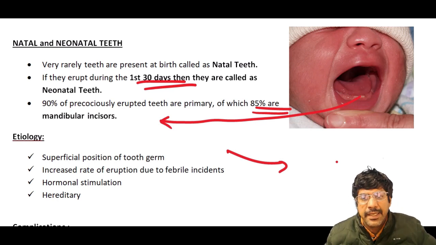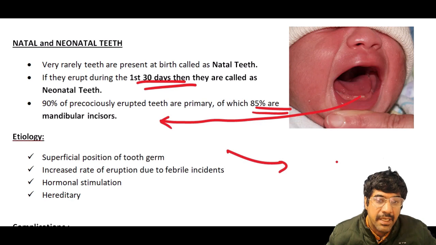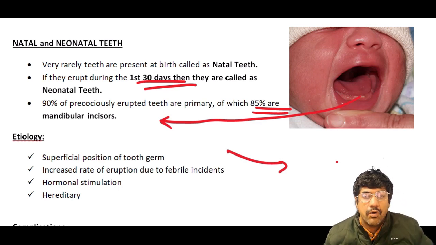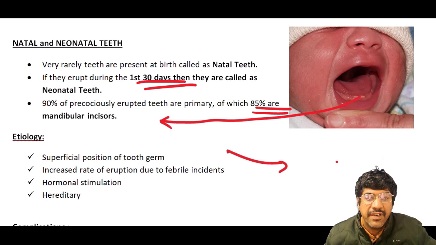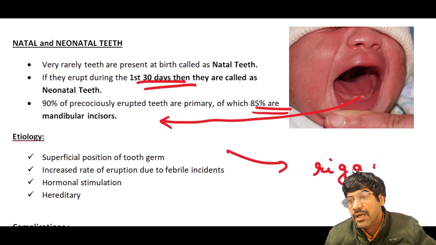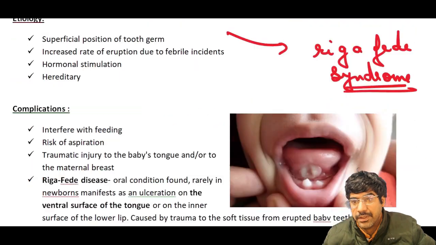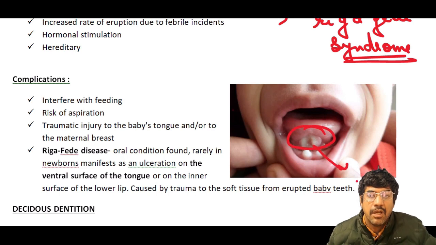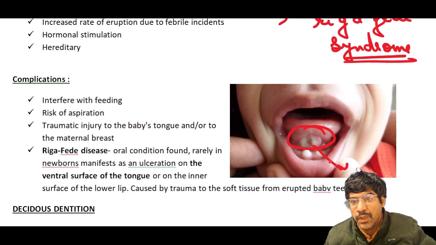Prematurely erupted teeth can cause injury to the infant's tongue or to the maternal breast during feeding. That condition is known as Riga Fede syndrome, where you will see ulceration on the ventral surface of the tongue or on the inner surface of the lower lip.